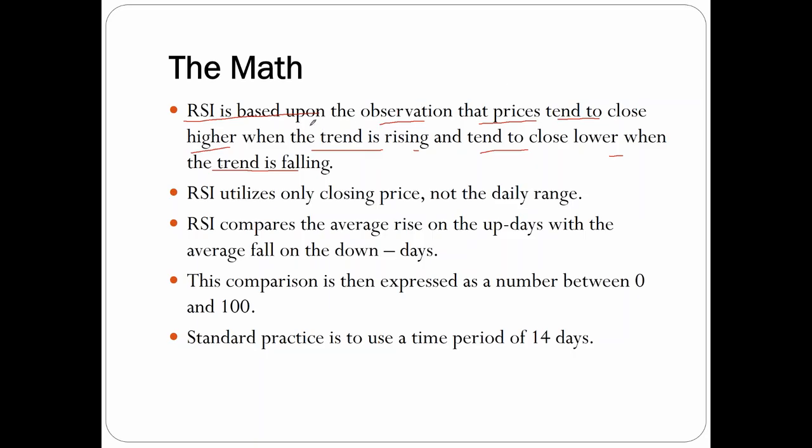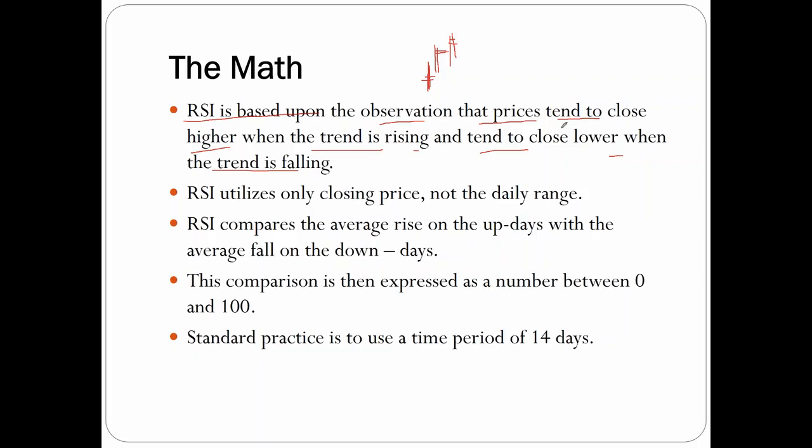So basically, RSI is made in such a way that it takes a funda in its calculation that when the prices are moving higher, the price every time should close near its highs.